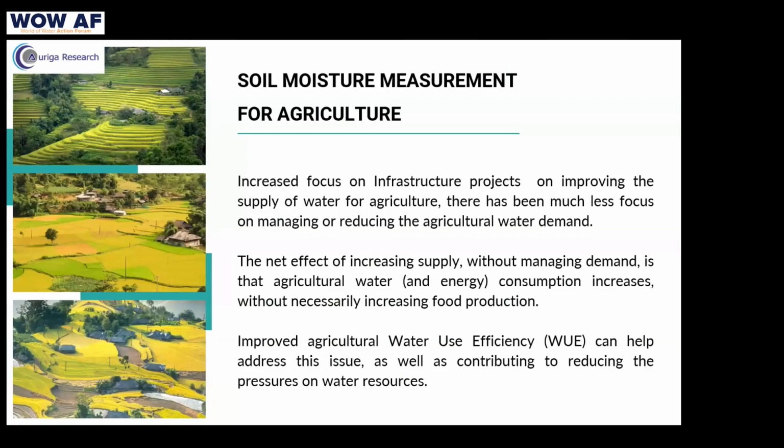How do we know the soil moisture of a particular area so that we know when irrigation is required? Number one. Number two, what should be the date of sowing? Is the soil moisture good enough for me to sow, or should I delay by a couple of days and sow post irrigation?